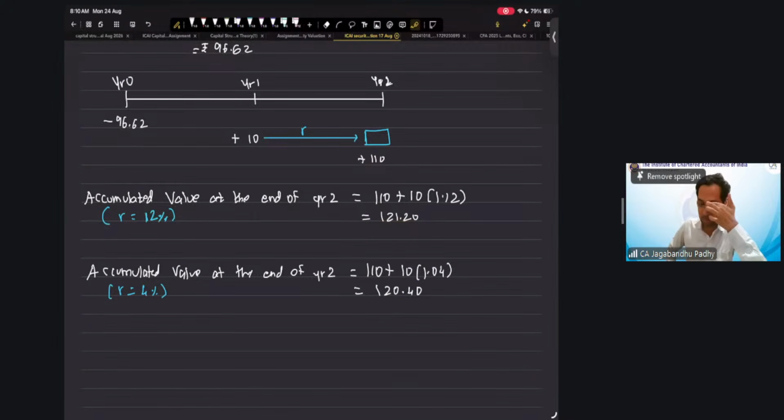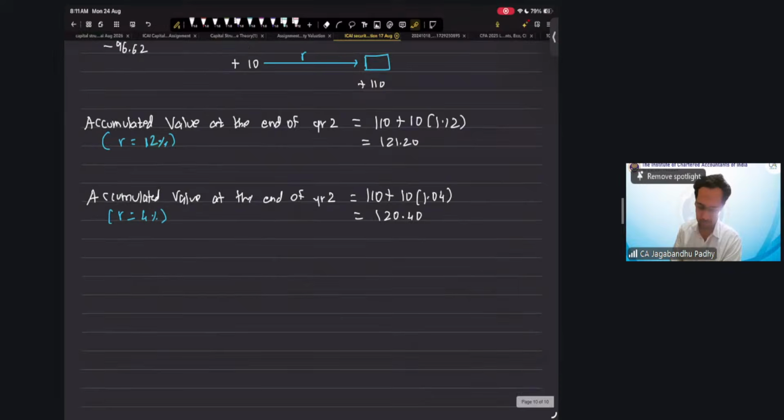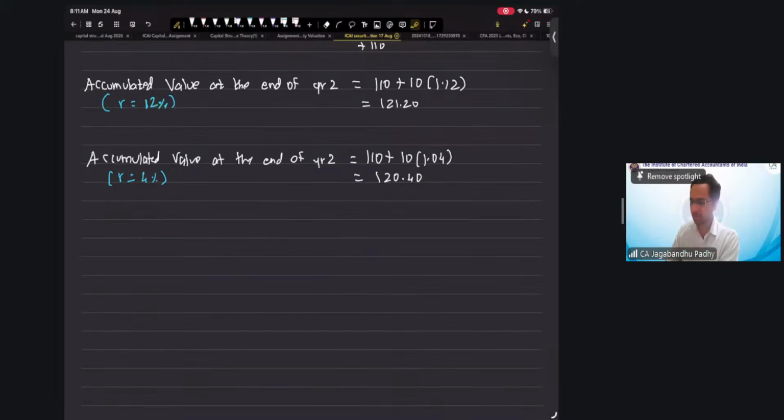So how do we tackle this, guys? The accumulated value at the end of year two is going to be a varying term, so we are going to look at it from a different perspective, and that perspective is bond immunization.